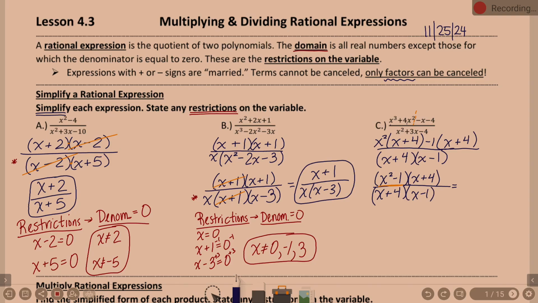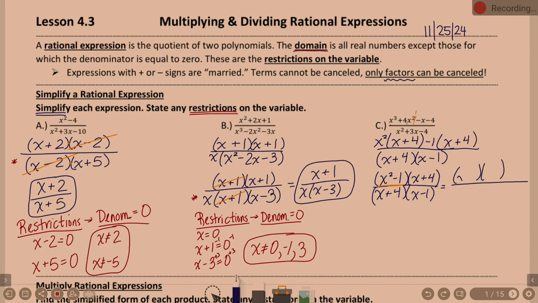Do you remember if we go back to the first problem of the day? X squared minus 4. We factor into x plus 2, x minus 2, right? This is the same deal, folks. So I'm going to do one more factoring step here. X squared minus 1 factors into 2 parentheses. X times x.